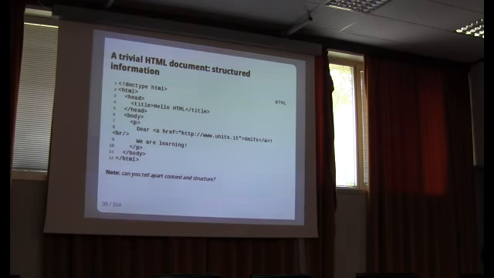Another part of the structure of the document is the one you see at line 7. There is an element whose name is P. At the moment we don't know what P is, but P is a piece of structure of information.